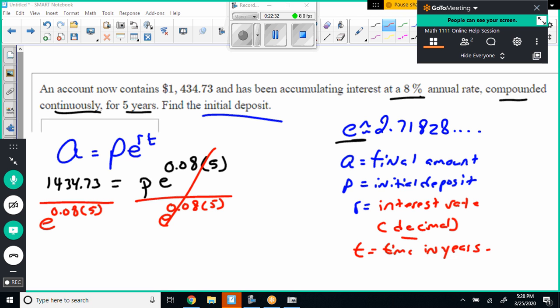So when I do this, I do 1434.73 divided by open parentheses e to the 0.08 times 5, close parentheses, and I got $961.73 equals P. How did you do?